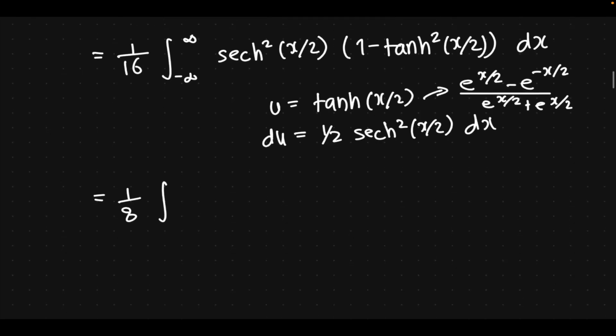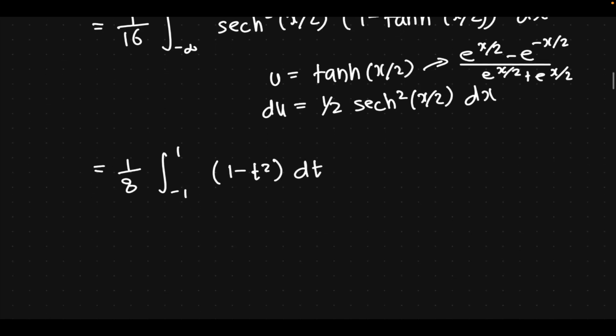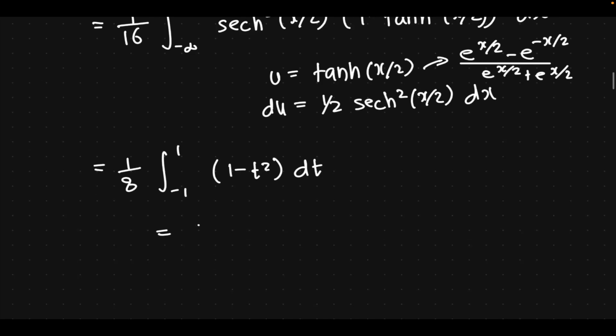We notice that at negative infinity, we just have -1, and at positive infinity we have a 1, and we have 1 minus t squared dt, which is very nice to integrate.